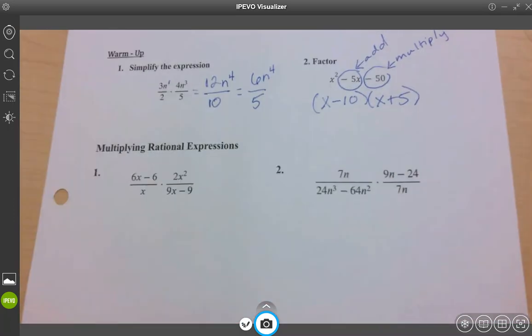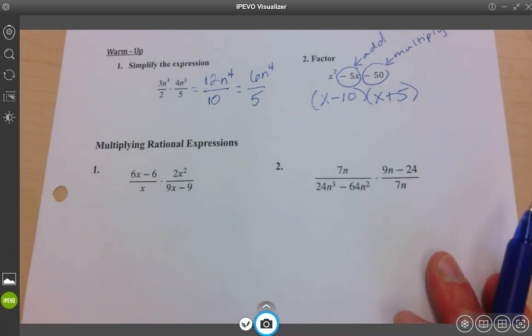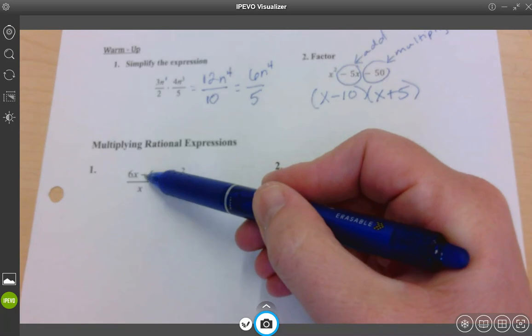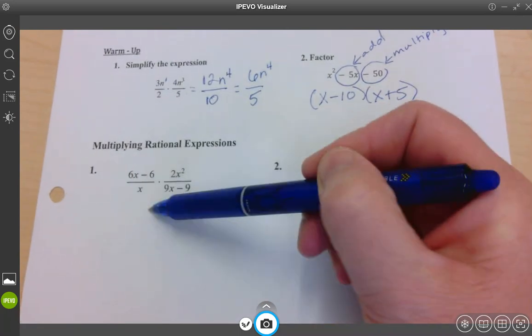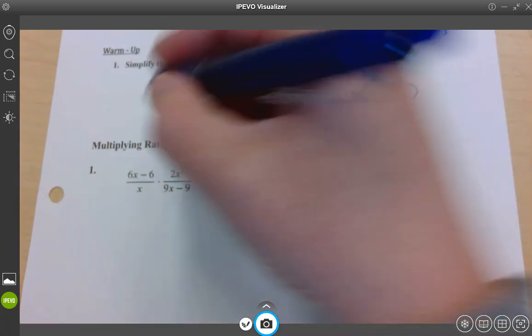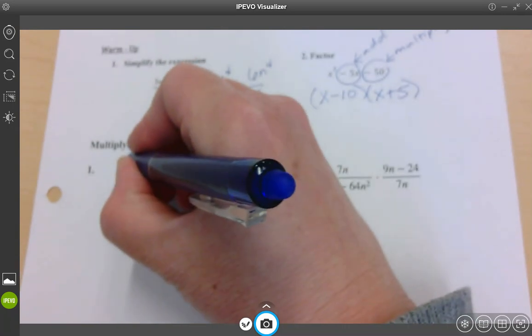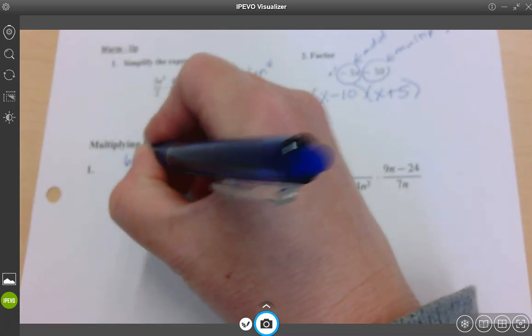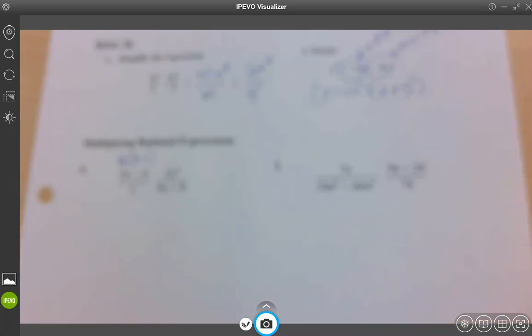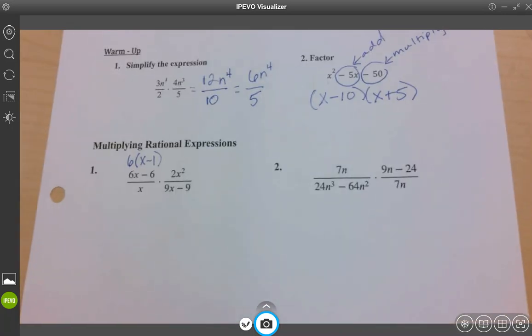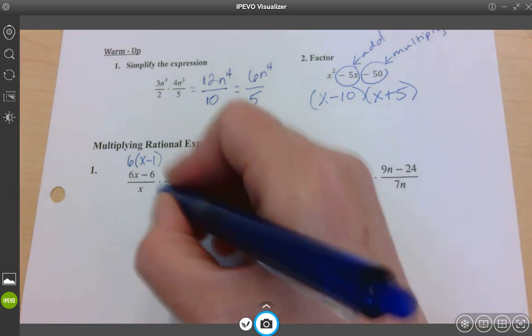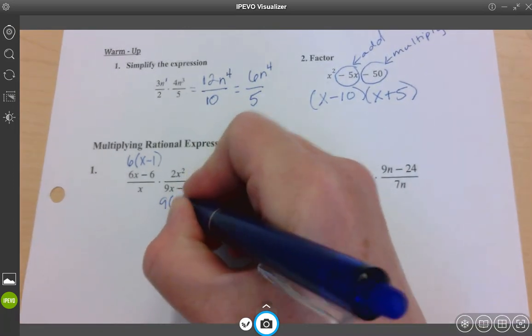Okay? Okay. So, for example, here, because of this minus, I can't just cancel out these x's, but what I can do is I can factor the 6 out as a common factor. And do you see another expression that will factor? Yeah, the 9. So I can take the 9 out of this.